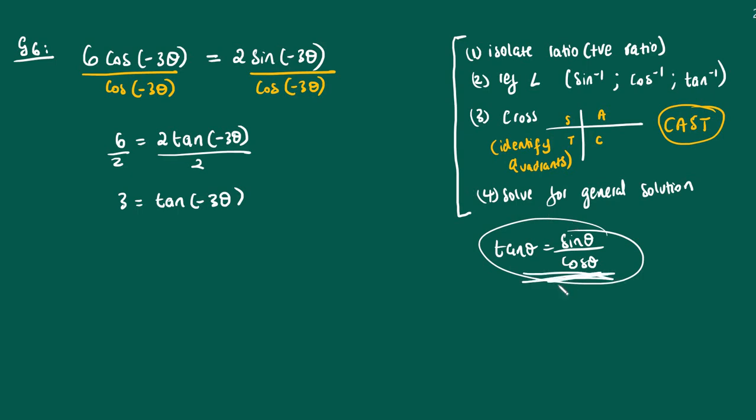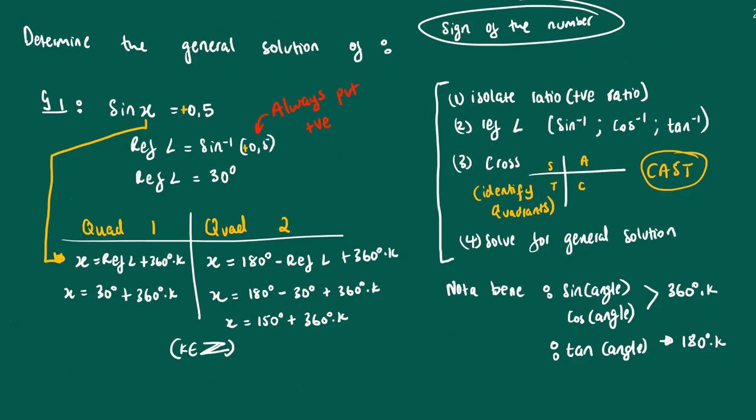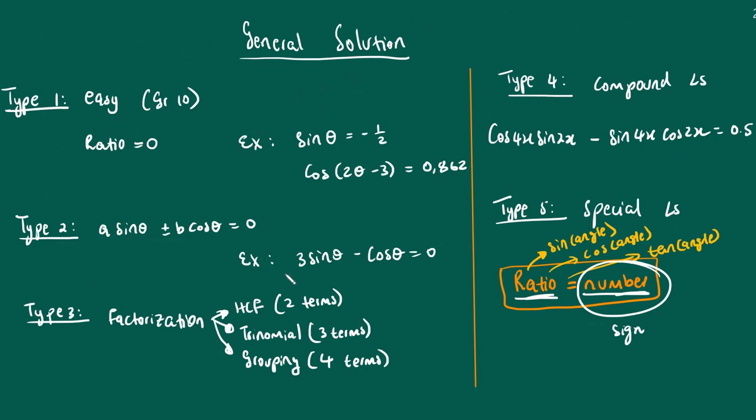So that is one thing that can remind you of this type, type 2. The angles must be the same for you to use this type of solving. Right, I hope that is clear.